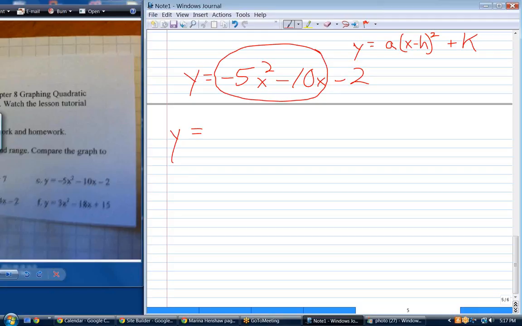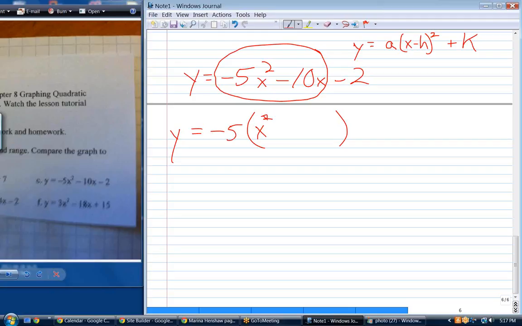We're not going to divide by minus 5x. We're only going to factor out the minus 5, because in order to complete the square, this must be a 1.